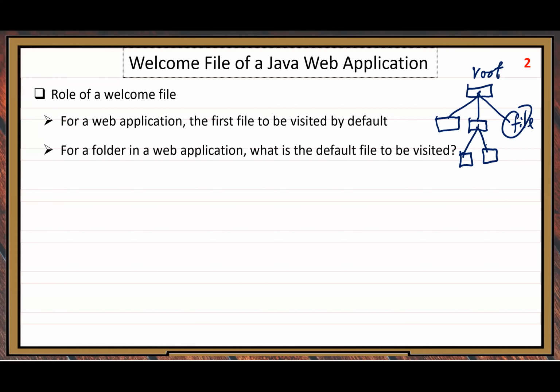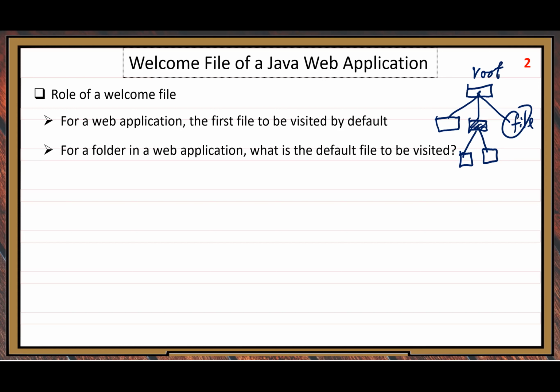So here the question is, for a subfolder somewhere in your tree, you may need to visit some resource inside one of the subfolders. When you go there, there is also a welcome file issue. What is the default file to bring up in that particular subfolder?